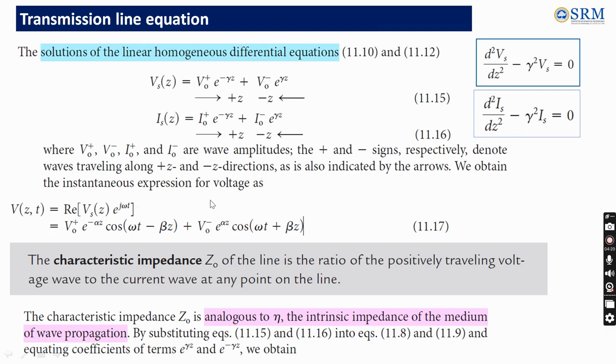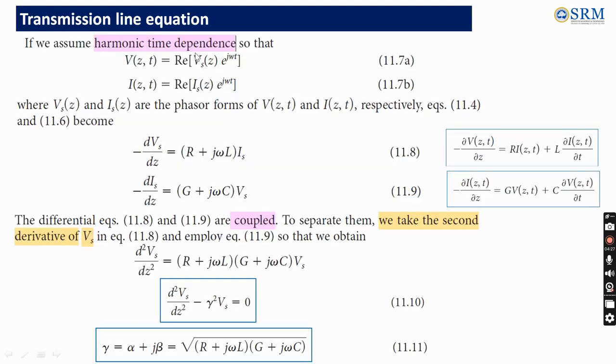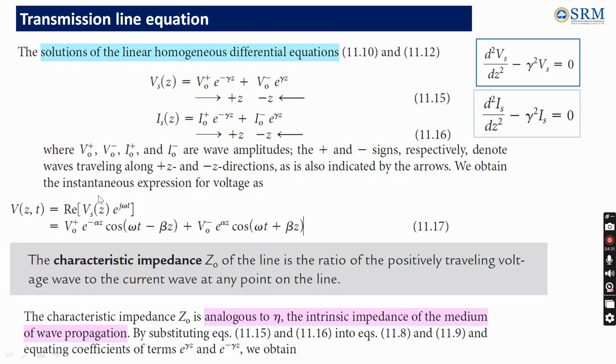So how will we obtain the instantaneous expression for voltage? We already saw that V of z comma t is the real part of Vs of z into e power j omega t. We have found the solution for Vs of z, so we are going to substitute Vs of z from this solution of the wave equation.